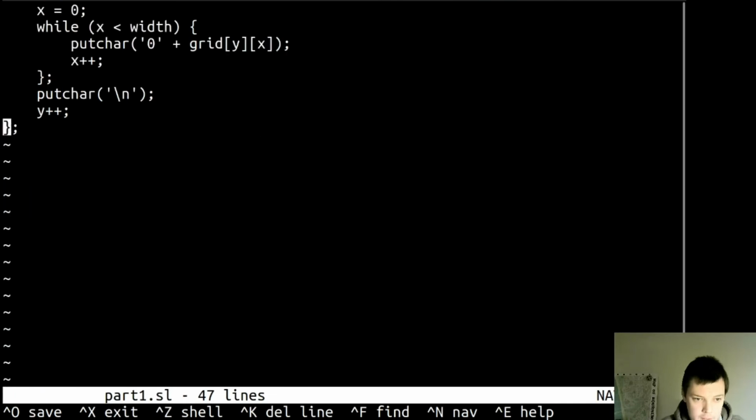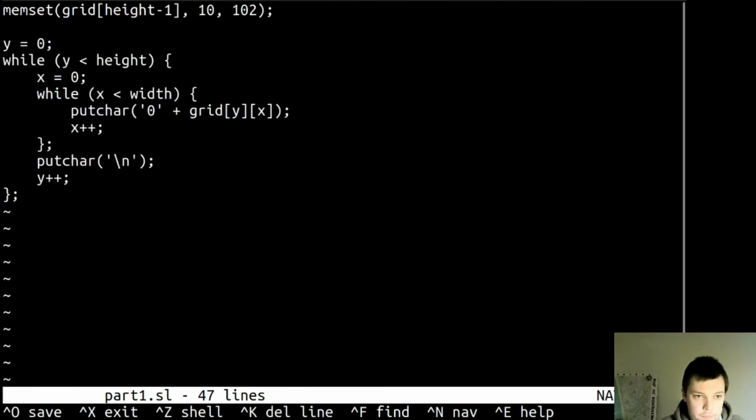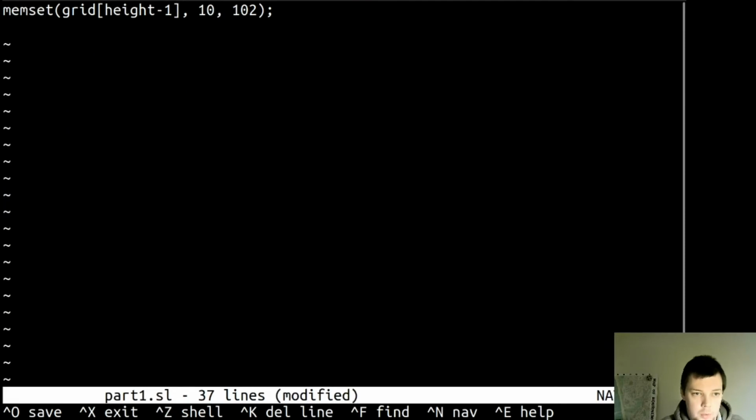Okay, so we're now reading in the input. So what we want to do instead is iterate over the whole grid.